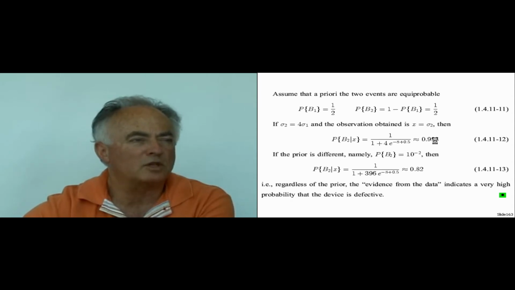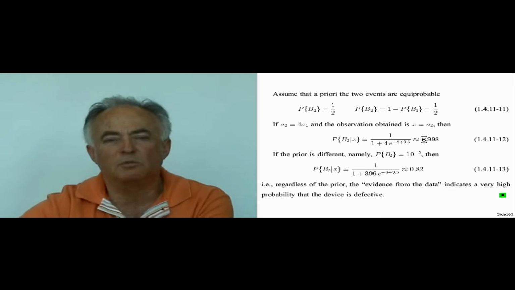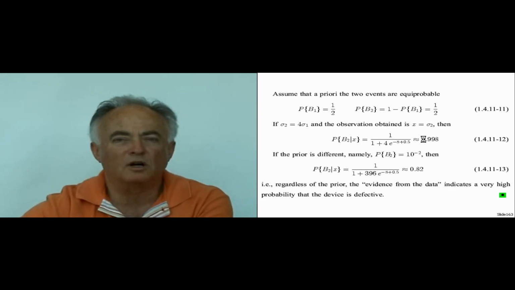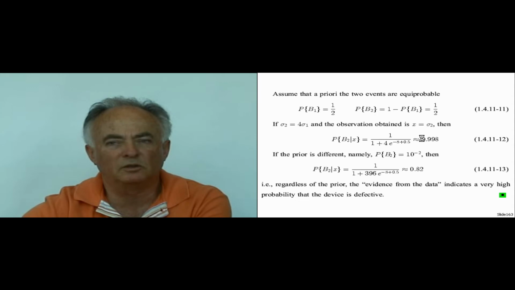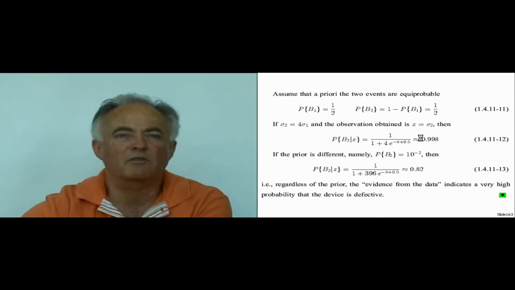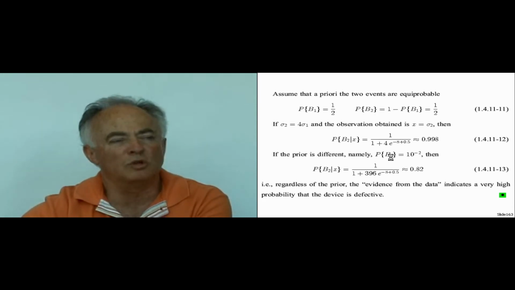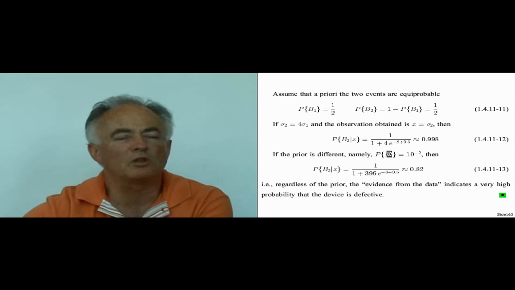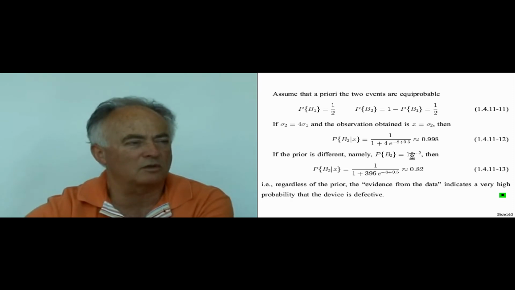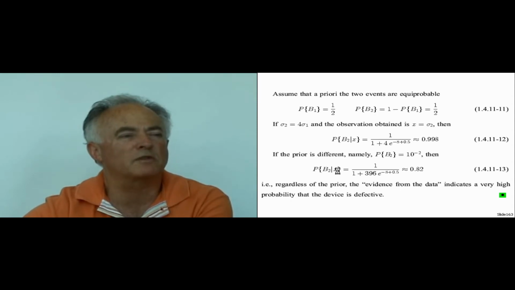Now, this is with a uniform prior, which means if you don't know a priori, up front, whether the device is defective or not, give the device half probability of being defective. Now, assume you know that the device can be defective with the prior probability of 10 to the minus 2. That's a lot smaller than the half in the previous case. What is the conditional probability of the device being defective given the same observation?